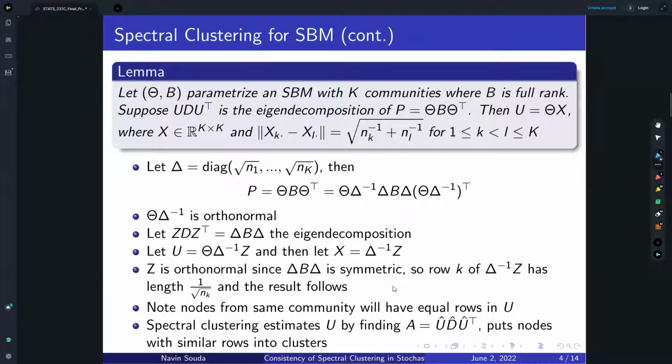So the next thing that we can talk about, to get an idea again of why spectral clustering might work, is this lemma.